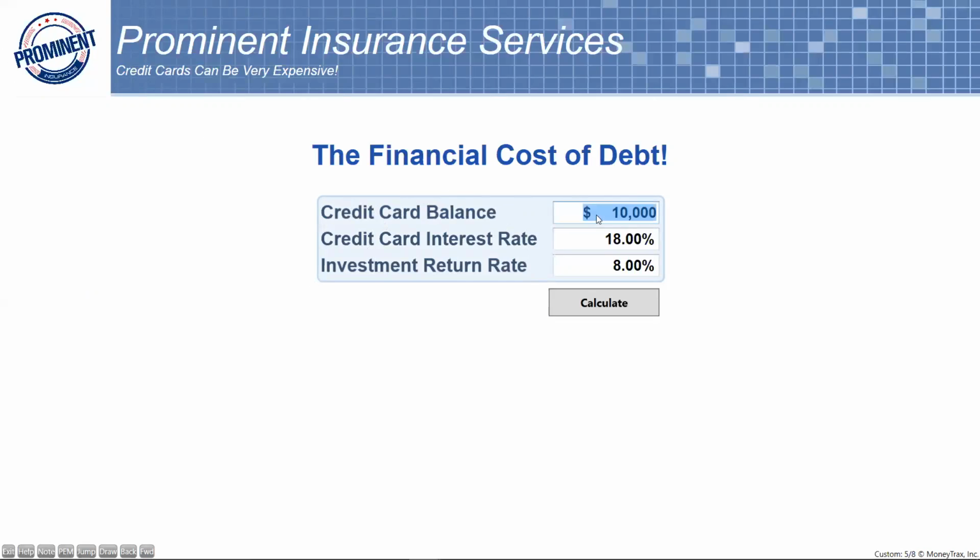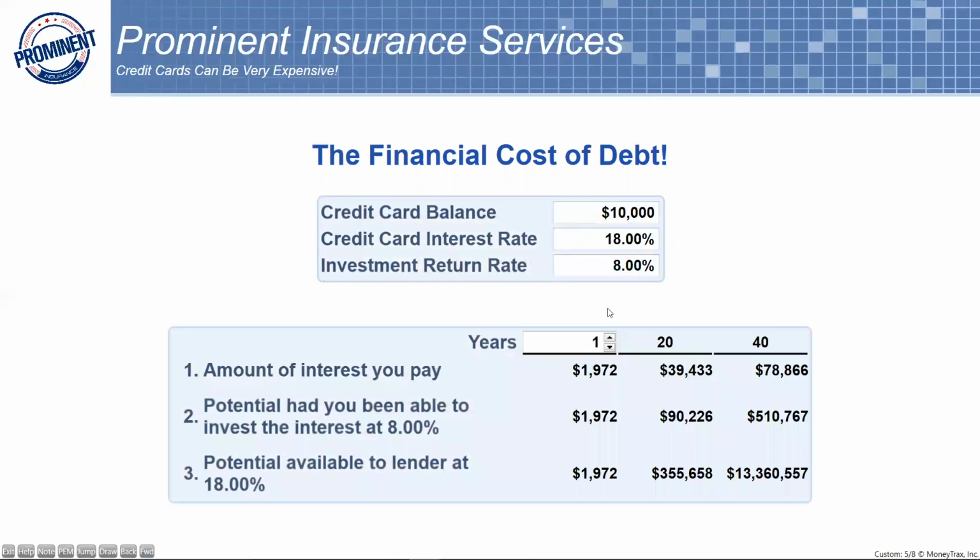If you hold a credit card balance of $10,000 for the lifetime of the loan, and the credit card interest rate is 18%, and we still have that aggressive investment return of 8%, depending on what you do, let's just calculate that.